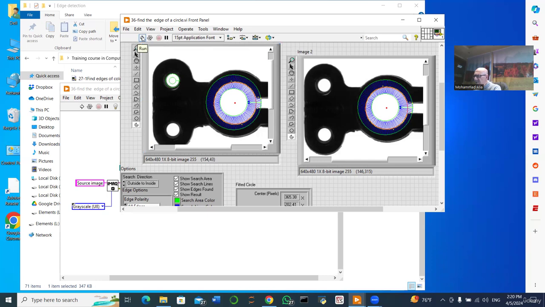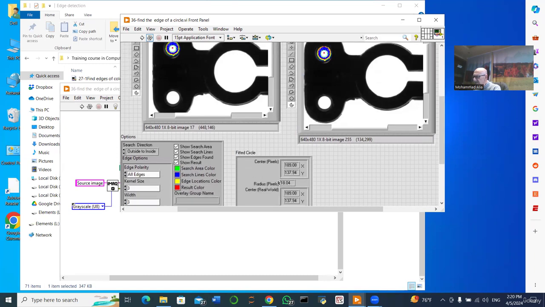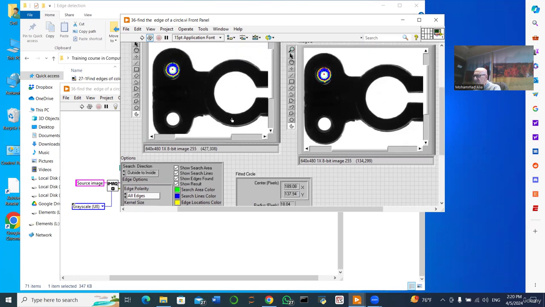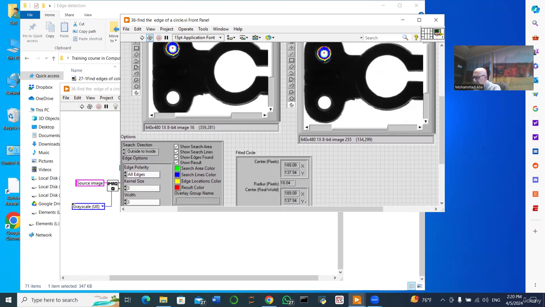Now it is approximated, and we run the program. Now we have got the circle parameters: X, Y of the center, and the value of the radius. You remember in the previous lecture, I found the radius about 18, if you remember.